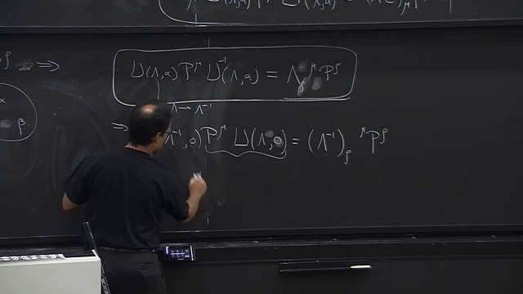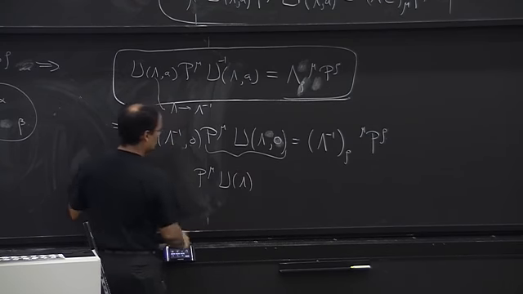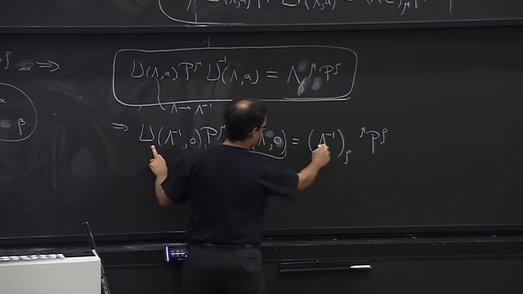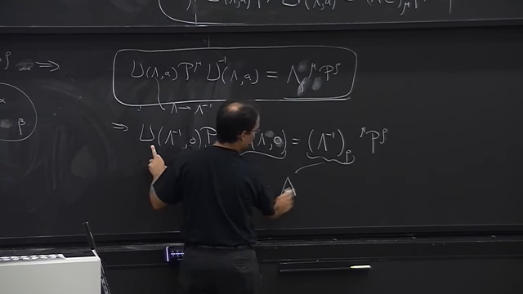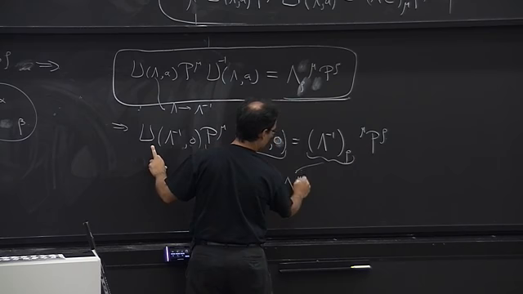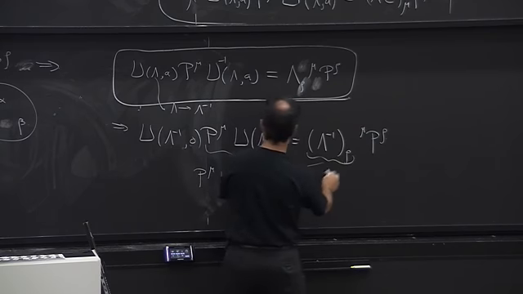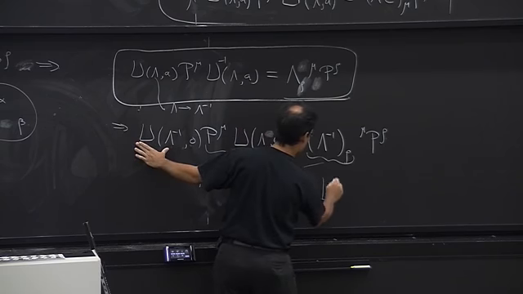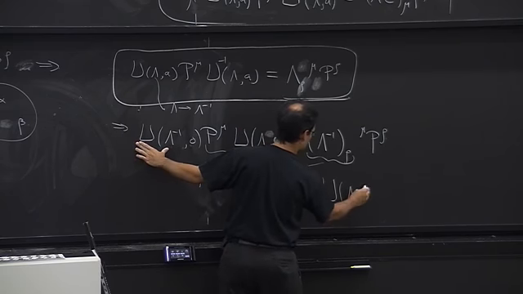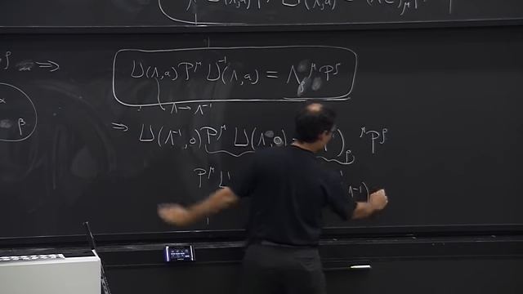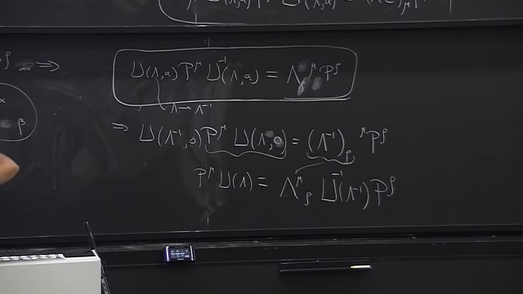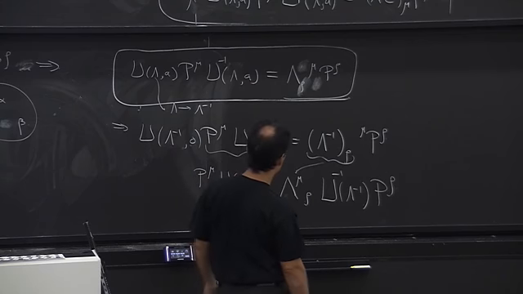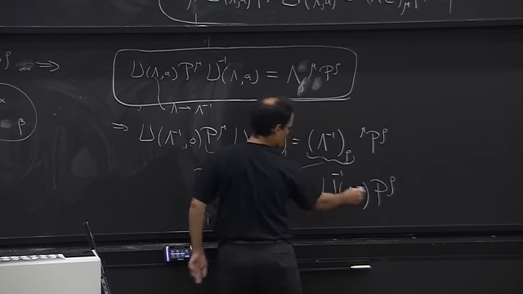And this thing is what we have acting on the operator. So we conclude that this, acting on any operator on our Hilbert space, must be the same as this thing. But this thing is nothing but the original lambda with the indices flipped, and we have the U acting here on P rho. And what is this transformation?